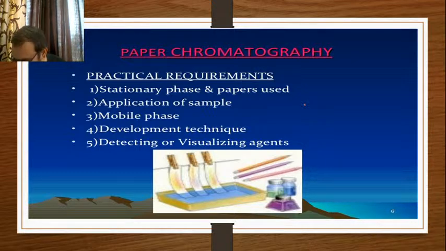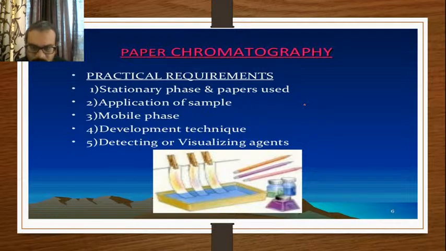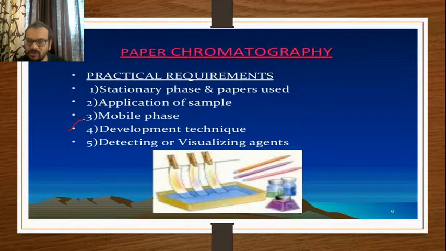I'm moving ahead to the instrumentation because there is nothing more to explain about this, because these developmental techniques are more important as per your syllabus, but the practical requirements can be covered from the stationary phase and the various papers which are used. There are certain papers which need to be treated separately and modified also. How you are going to apply the sample, we will have the practical for this also.